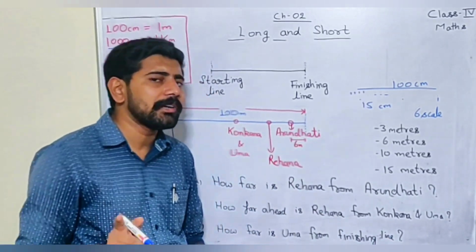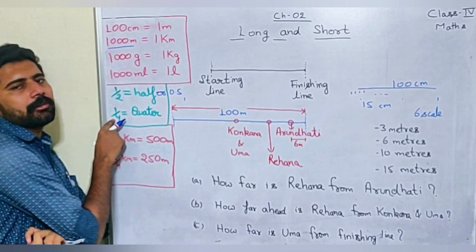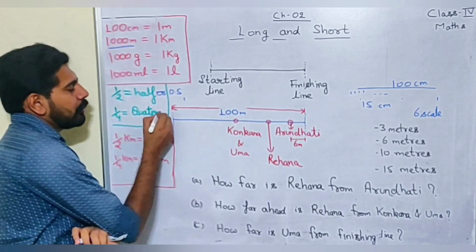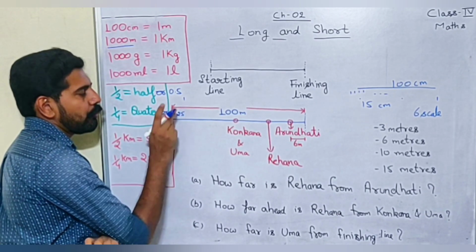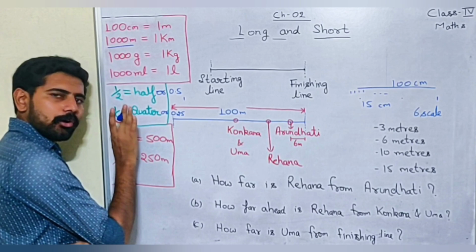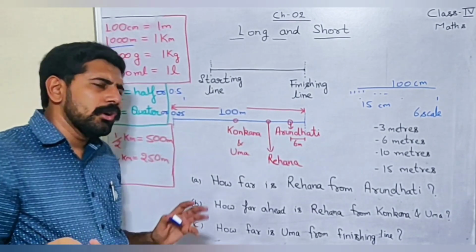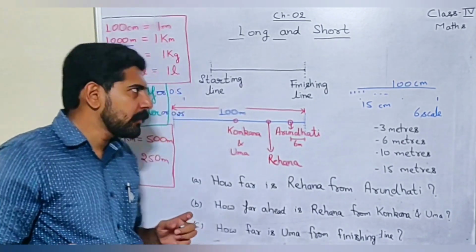No, this is not that quarter. It is the 1 by 4th part of something. That means we can also use 0.25 for it.